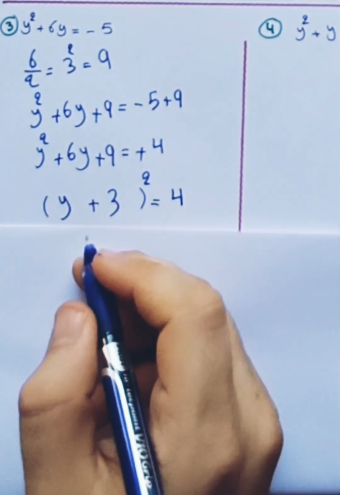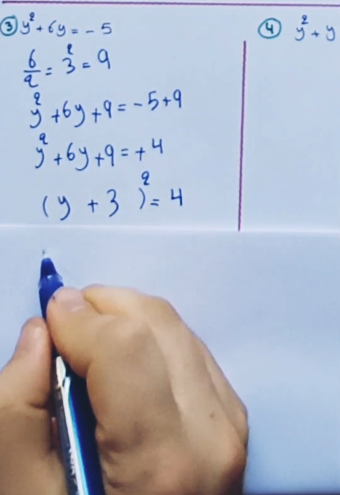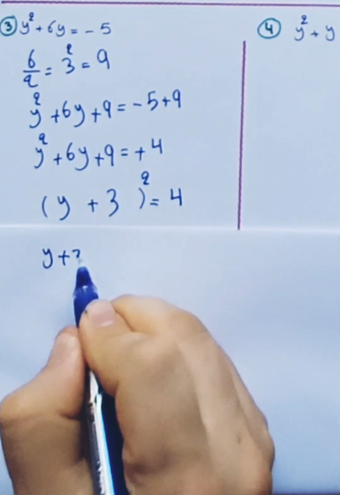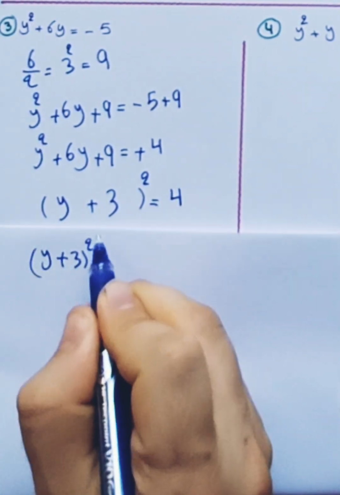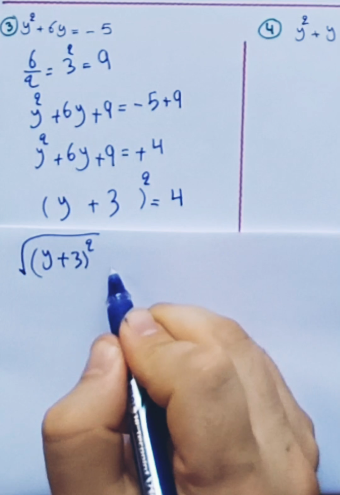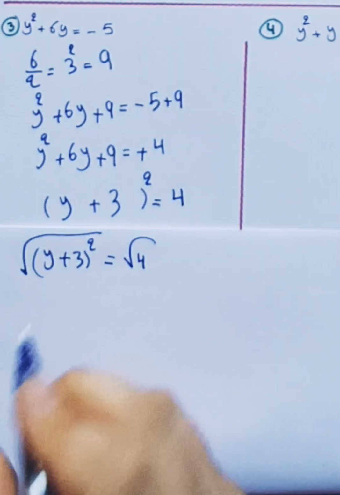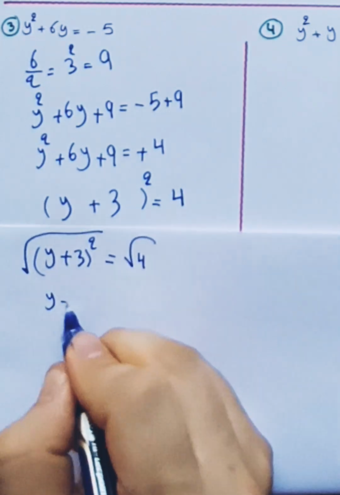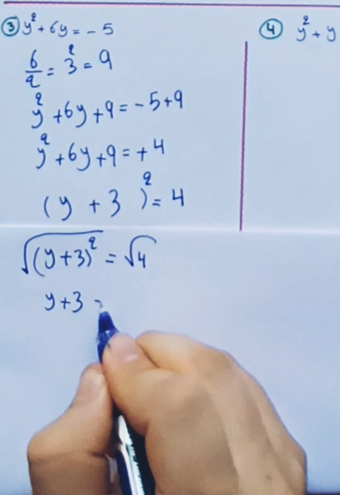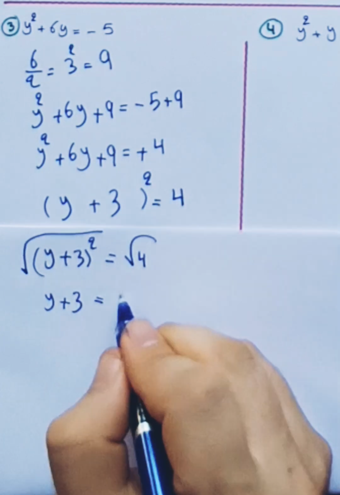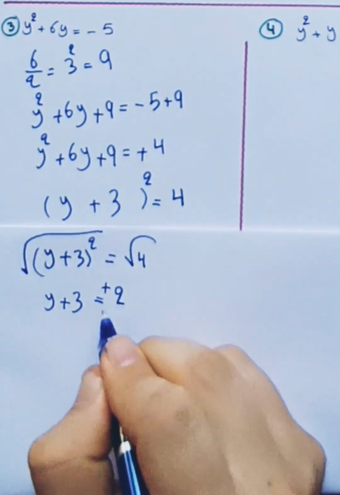After that, we have to take the square root of both sides. The square root of y plus 3 squared equal to the square root of 4. The square root of y plus 3 squared equal to y plus 3. The square root of 4 is 2, or positive or negative 2.